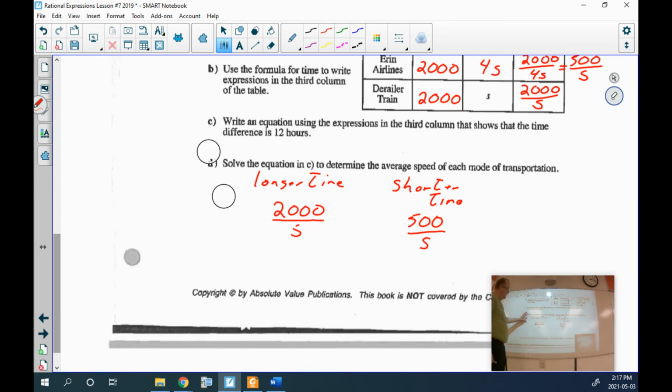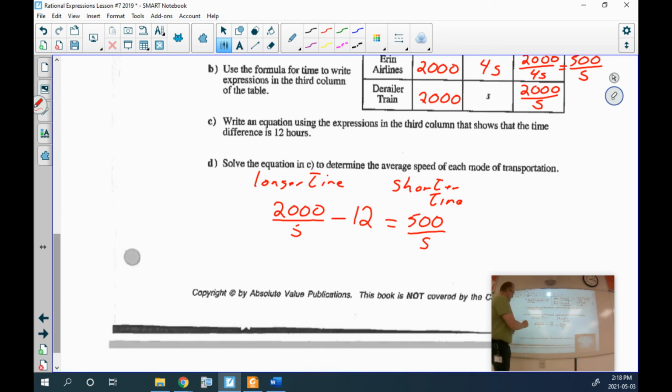The longer time is 12 hours more than the shorter time. We can put it in any place we really want, but we have to get the right sign. Take the longer time minus 12 hours, and that's going to give me my shorter time. Okay? There's our equation.